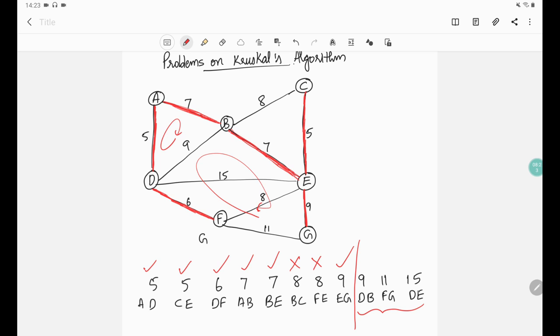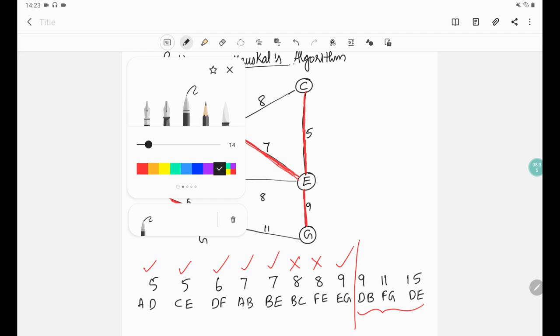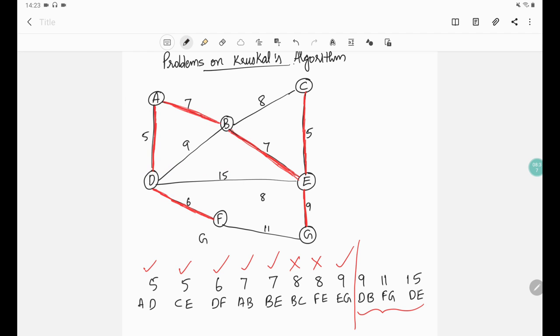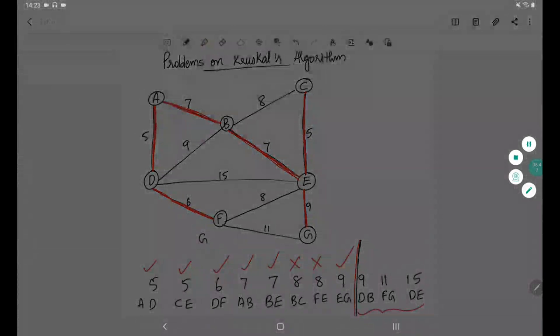DE will create another circuit. Therefore, adding any of those edges will create a circuit. Therefore, we cannot add those edges. The algorithm can be stopped whenever all the vertices are added to the spanning tree.